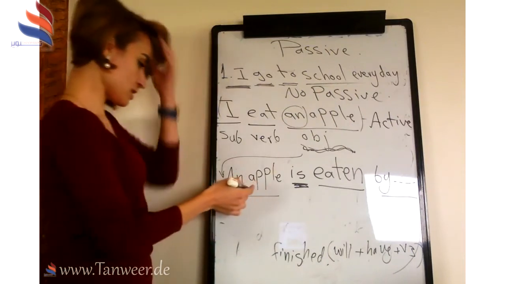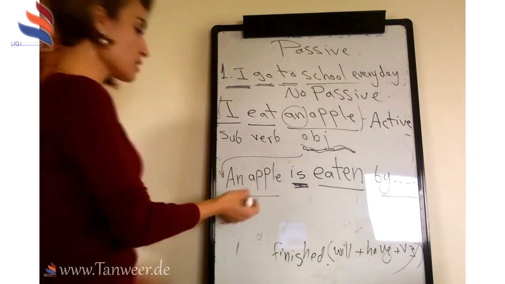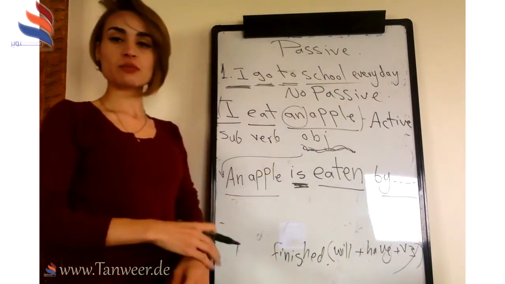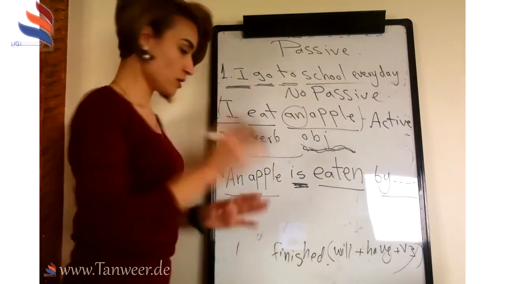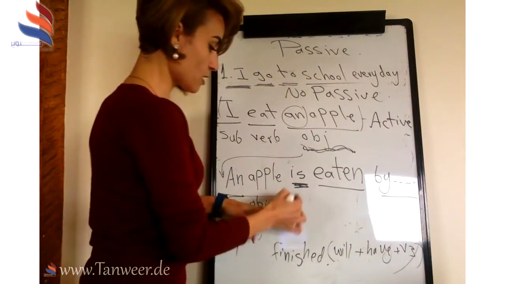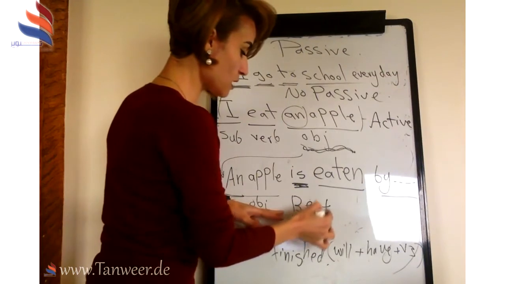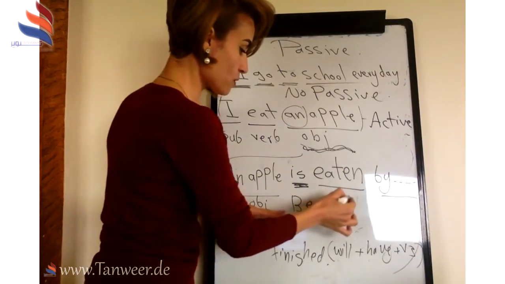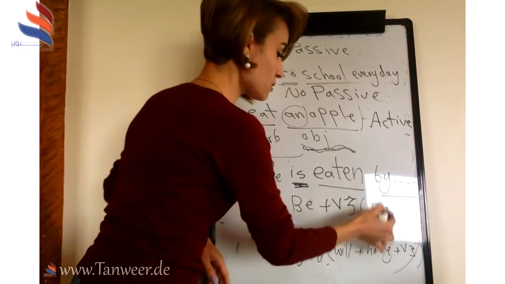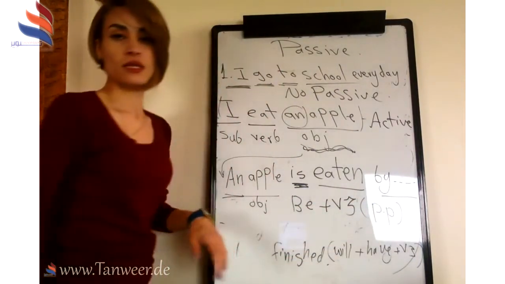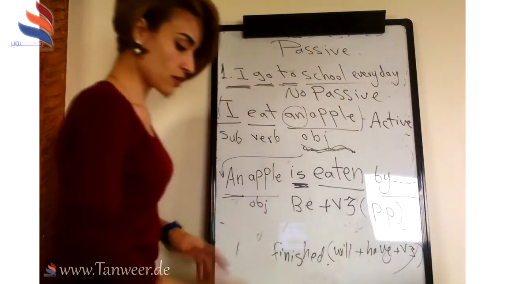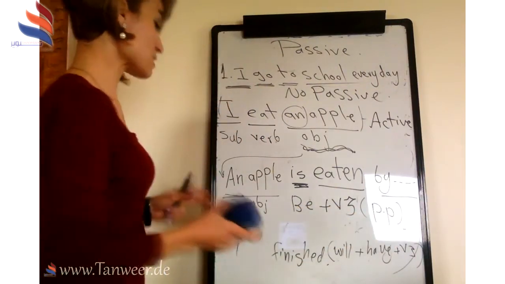The object now plays the role of a subject. Object, verb to be, verb 3, or past participle of the verb. So this is the object with its article, verb to be plus verb 3, or past participle. This is how we make the passive in present.